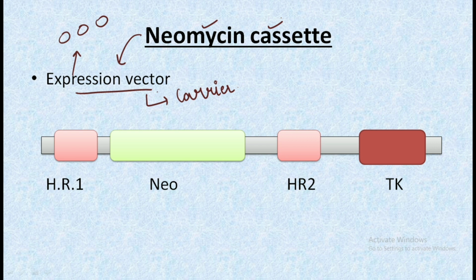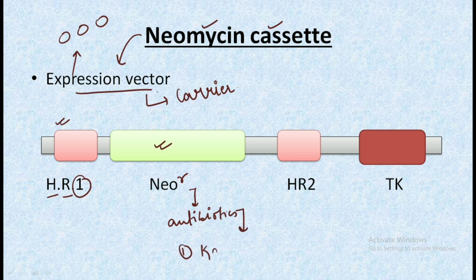So this is the complete structure of the neomycin cassette. The first subcomponent is the homologous recombination region 1. Then we have neomycin resistance, that is, the antibiotic resistance, and this is actually resistant to two antibiotics.